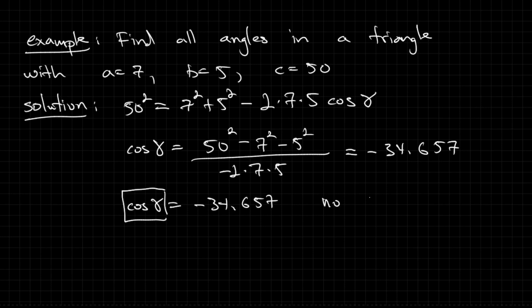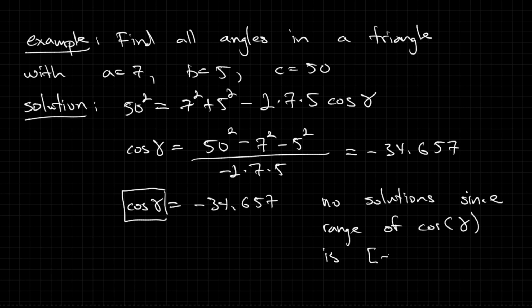So you could say a couple things. You could say no solutions, since the range of cosine of gamma, that is the outputs of this function, is all the numbers between -1 and 1.